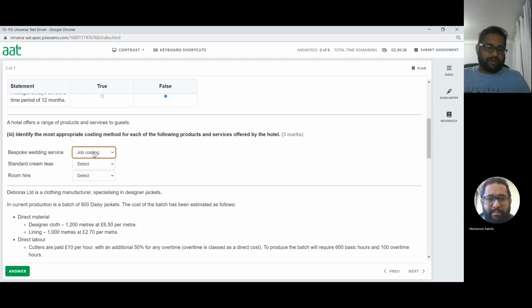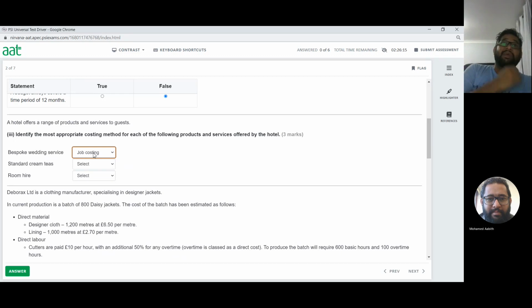Different types of foods, different types of drinks, different types of services, different decorations, gifts, limo service, or everything like that. It can be all inclusive in there, but it's specifically for that particular wedding service. So a bespoke one means it is basically catered for that particular demand. So there we will call that a job costing.